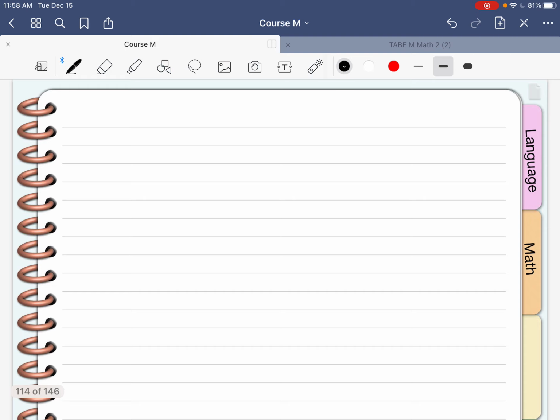And then here is number 11. I have 3x minus 6x plus 2, and then a negative 4x on this side.